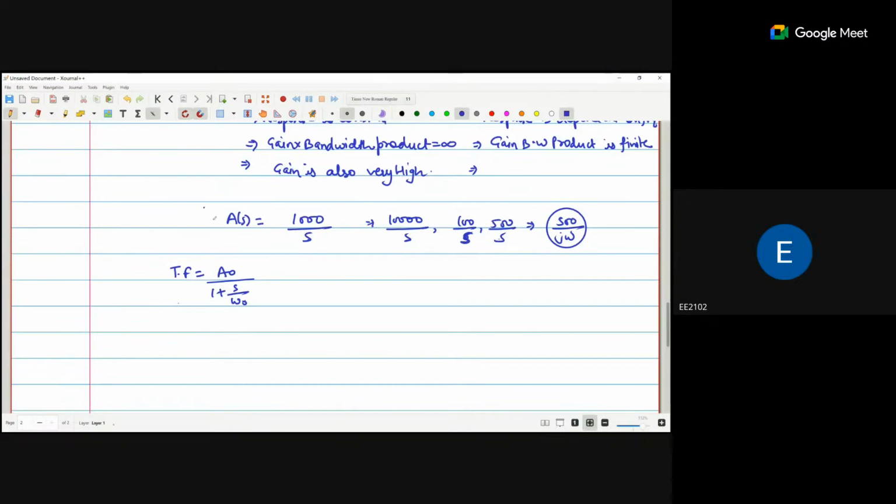This omega naught is nothing but the bandwidth. So we calculate the transfer function, and with respect to the transfer function, we calculate omega naught.